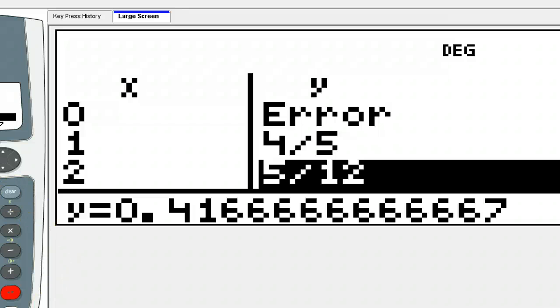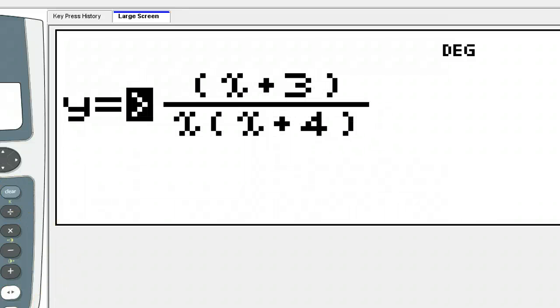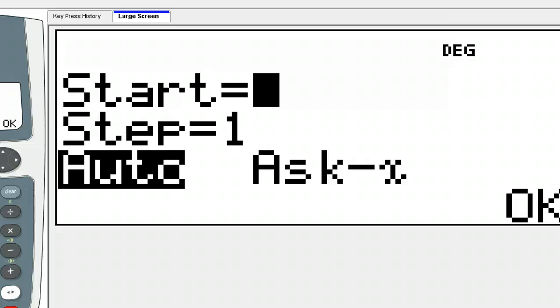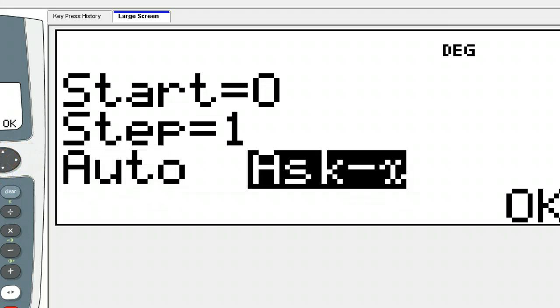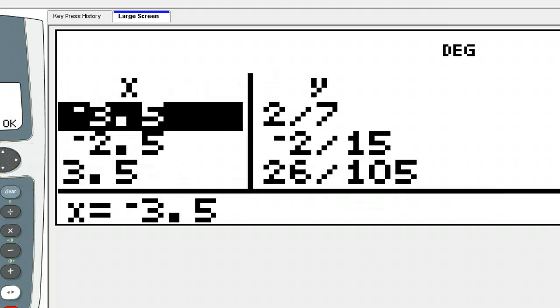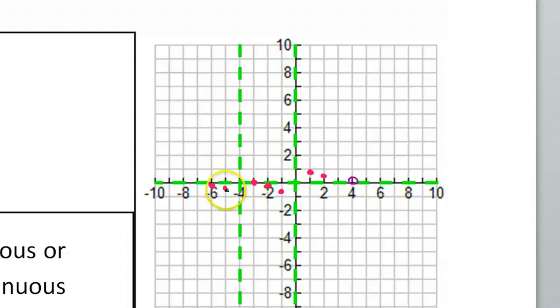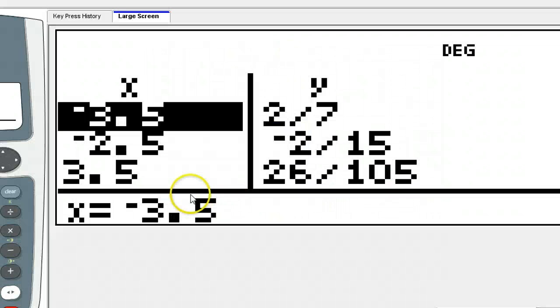But for the decimals, alright, hit your table button again, hit enter again. Now this time, instead of doing the auto mode, I'm going to do the ask mode, because that way I can type in whatever I want. So I want to know what's going on really close to the asymptote. So on the left side, that's negative 4.5.